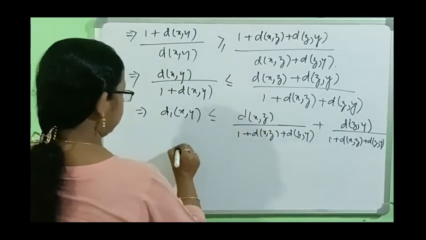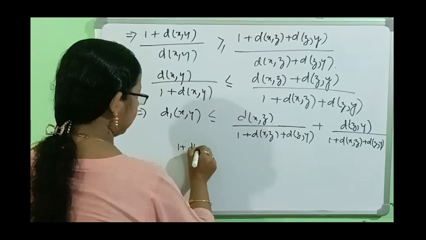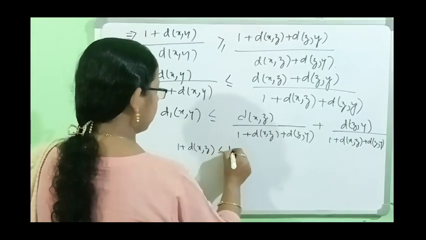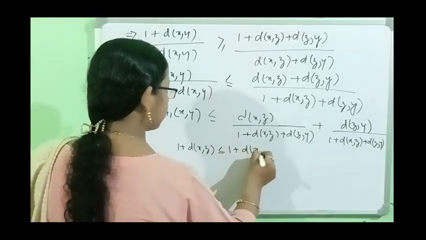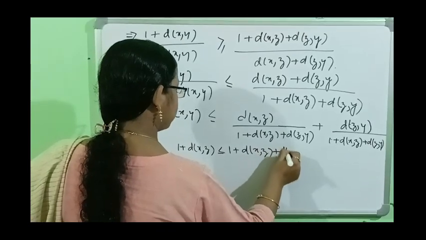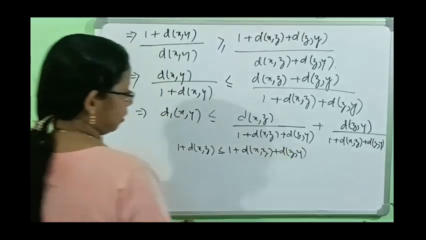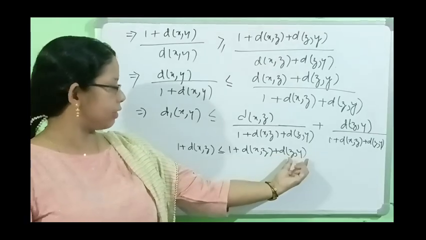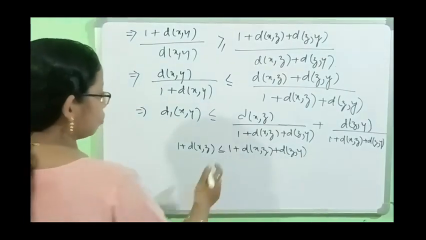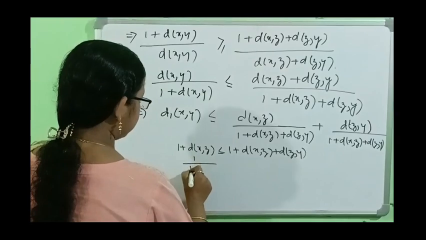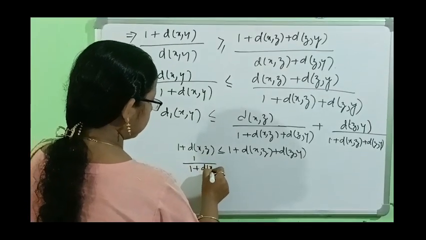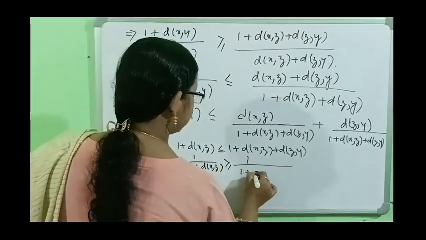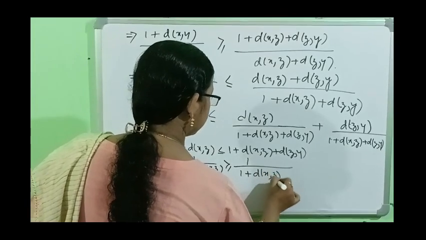Now we know that 1 plus d(x,z) is less than or equal to 1 plus d(x,z) plus d(z,y). This will definitely be less than this one, as d(z,y) is greater than or equal to 0. So 1 by 1 plus d(x,z) is greater than or equal to 1 by 1 plus d(x,z) plus d(z,y).